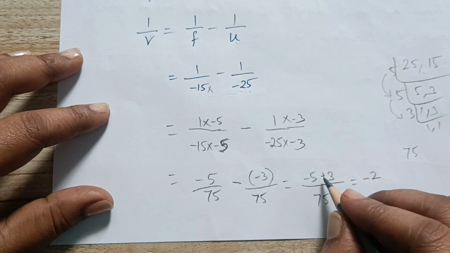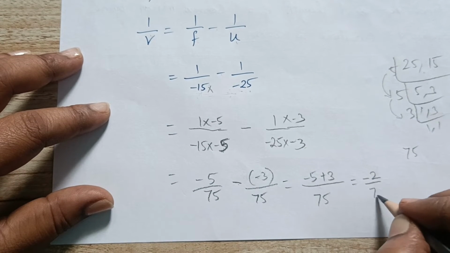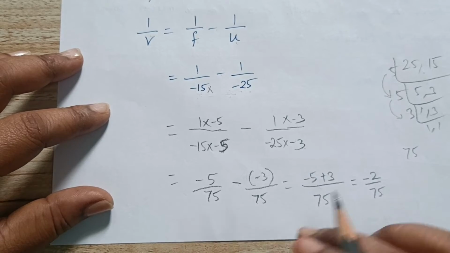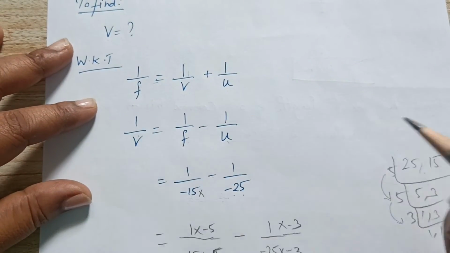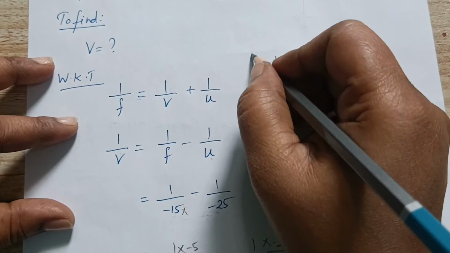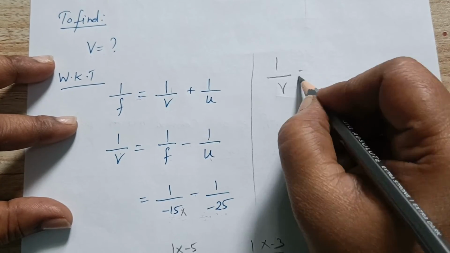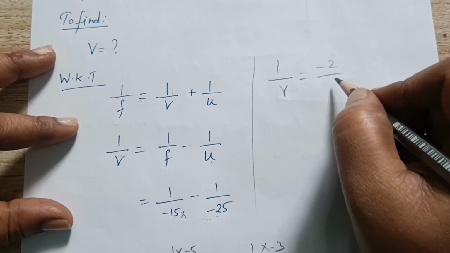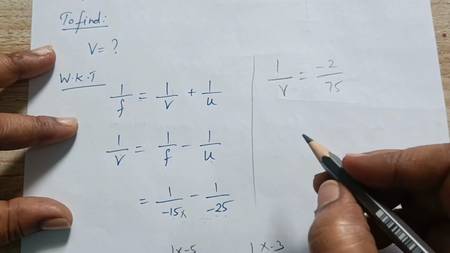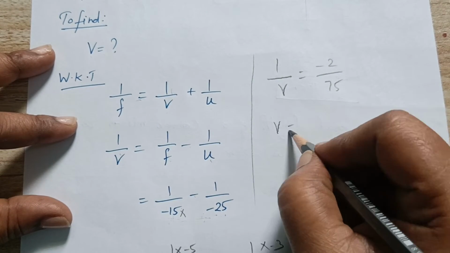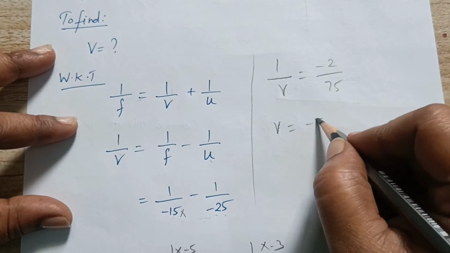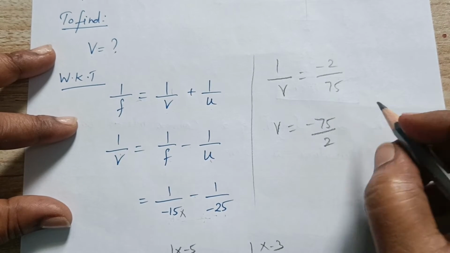So minus 5 plus 3 means minus 2 by 75. So 1 by V equals minus 2 by 75. Therefore, if you take the reciprocal, V equals minus 75 by 2.